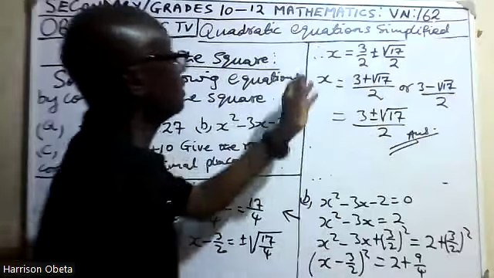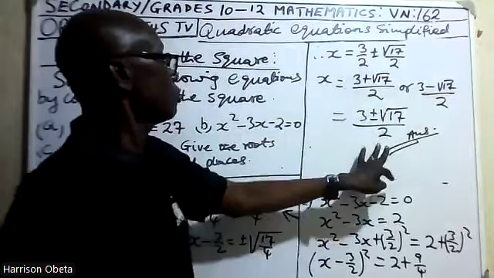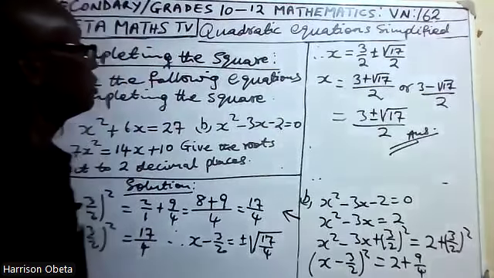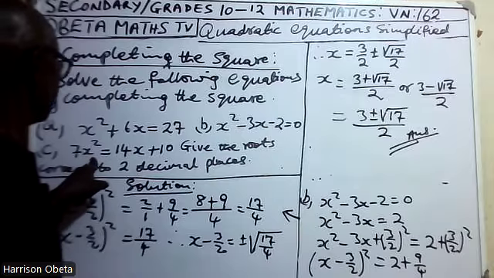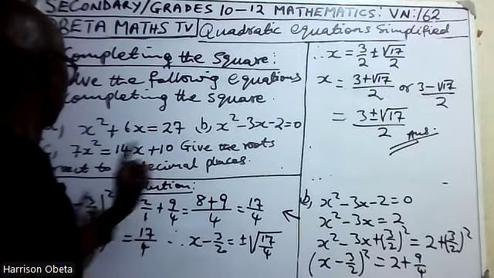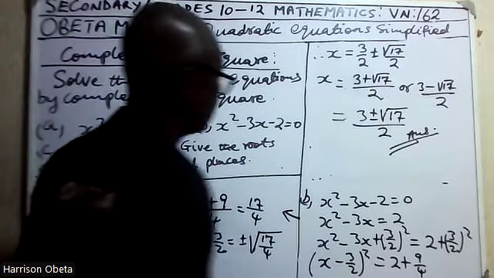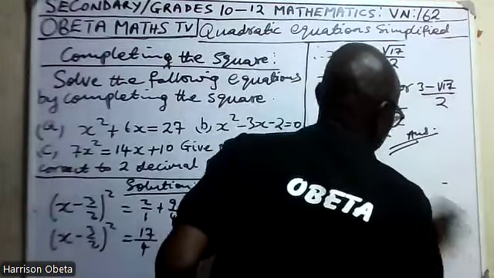You either express it differently or you bring it together. It's still the same thing. So in question number C, we are going to give the answer correct to 2 decimal places. So let's move on.